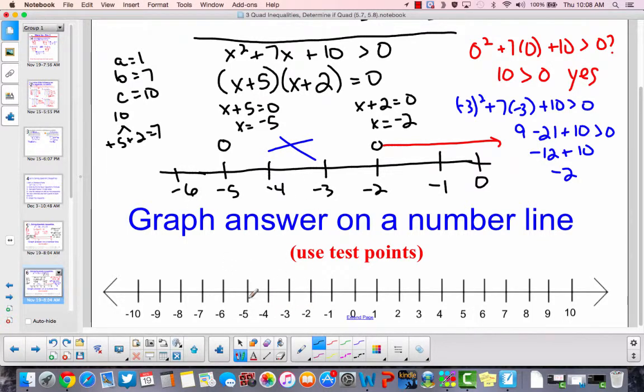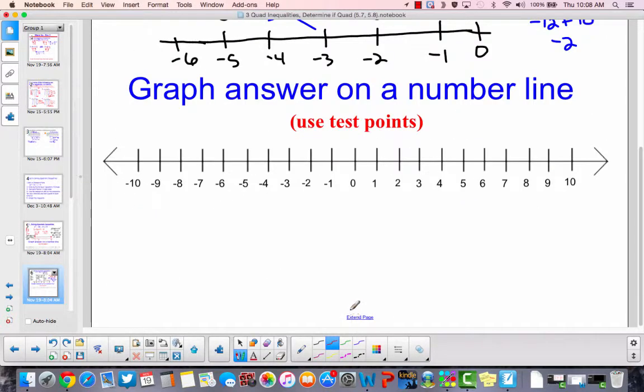So negative 6, we're going to plug that in. Let's grab a different color here so it stands out a little bit more. Let's try negative 6. I'm going to go down below here. Okay. The original equation was x squared, so negative 6 squared plus 7 times negative 6 plus 10 is less than 0. And we want to know, is that true or not?